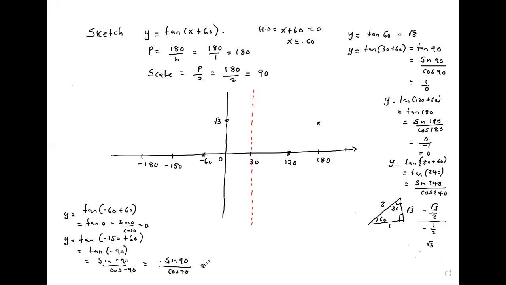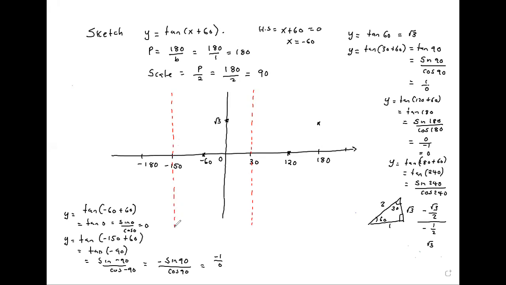So we have sine 90 is 1 as cos 90 is 0. So undefined. So we bring up a dotted line, giving us an asymptote. This guy is acting as an asymptote again.